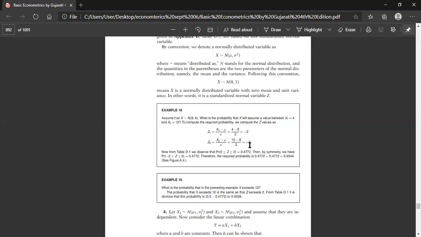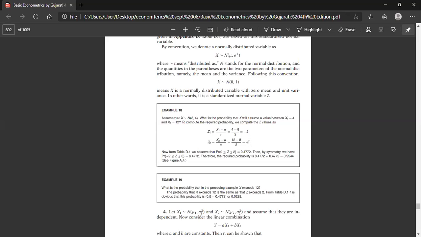What is the standard deviation of z? 1. So how far are you going from 0? Variance is 1, so standard deviation is also 1. So from the mean, how far are you going to the right? Here is 2.